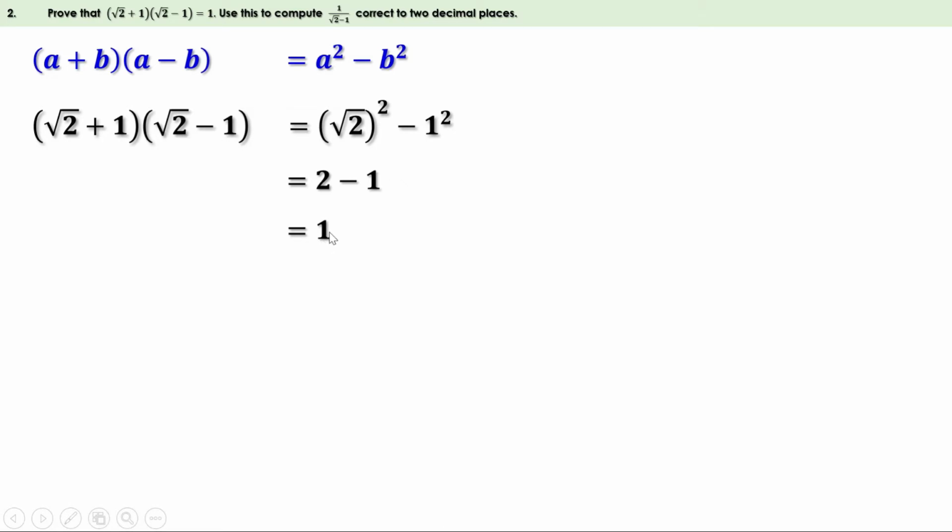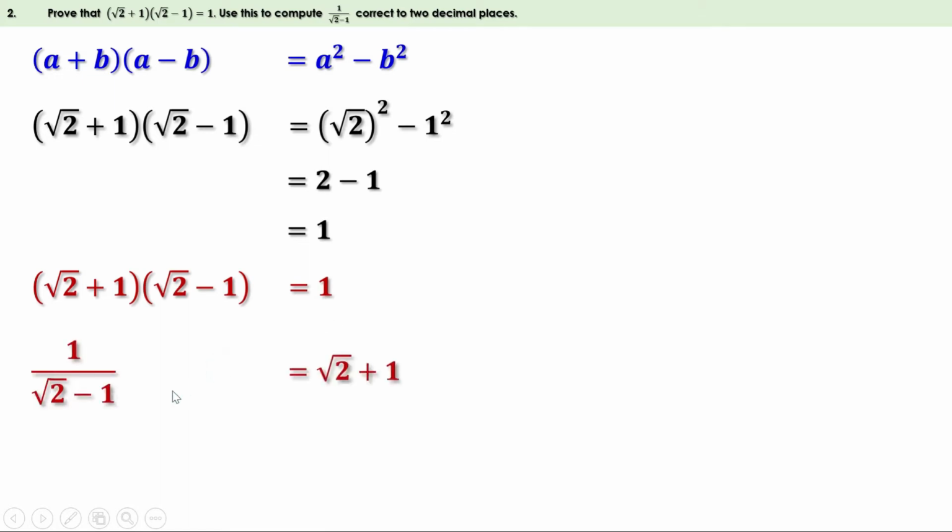Now we have to find the value of 1 by root 2 minus 1 corrected to 2 decimal places. We have seen that root 2 plus 1 into root 2 minus 1 equal to 1. Let us take root 2 minus 1 on the other side. Then we get root 2 plus 1 equal to 1 by root 2 minus 1, or 1 by root 2 minus 1 equal to root 2 plus 1.